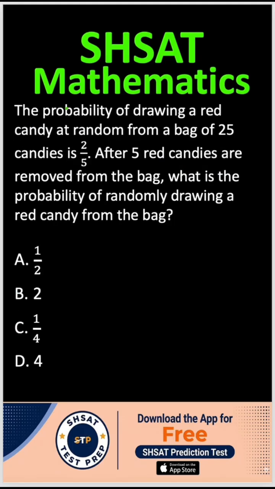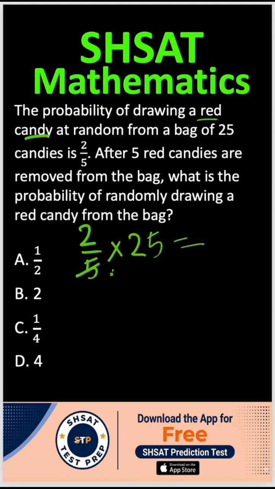Next, we have the probability of drawing a red candy at random from a bag of 25 candies is 2 over 5. After 5 red candies are removed from the bag, what is the probability of randomly drawing a red candy from the bag? So first, we need to find the total number of red candies, and we can find it by multiplying 2 over 5 with 25, which is the probability of drawing a red candy multiplied by the total number of candies.